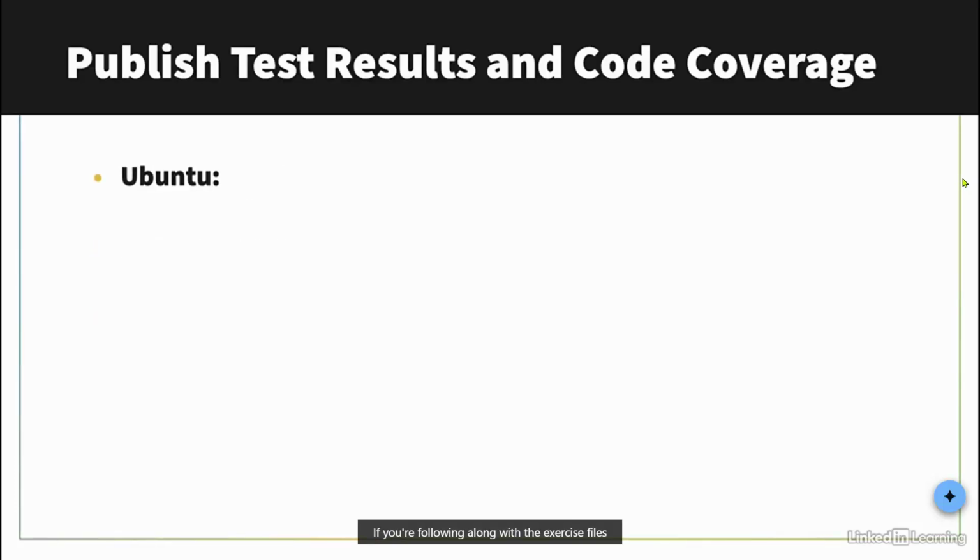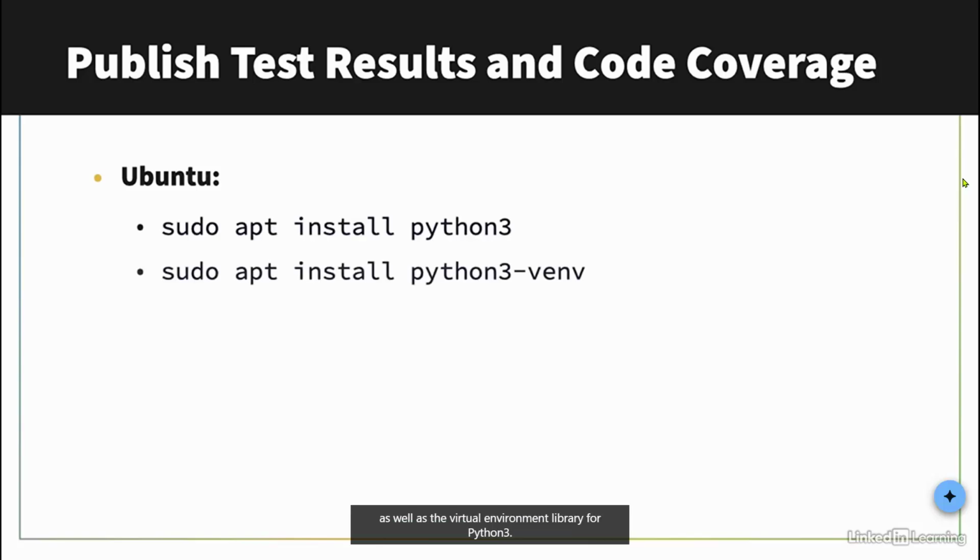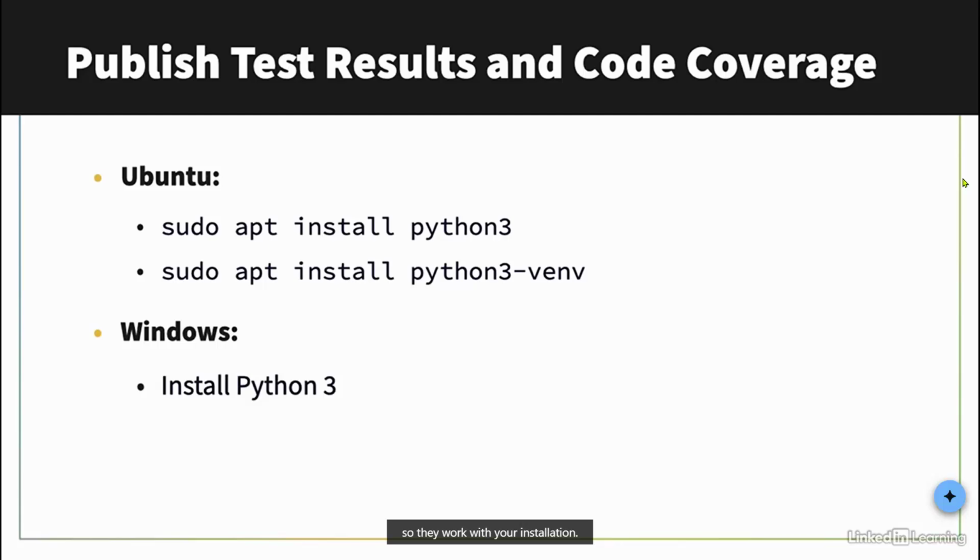If you're following along with the exercise files for this lesson, there are a few things that you'll need to know in advance. I'll be demonstrating this project with Jenkins on a Ubuntu server. If you're using a Ubuntu server, it will need to have Python 3 installed, as well as the virtual environment library for Python 3. The project will work with Jenkins on a Windows server, but you'll need to make sure you have Python installed and update the Jenkinsfile to use paths to Python and pip so they work with your installation.